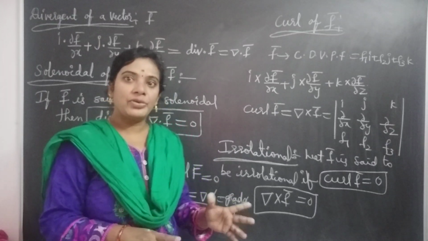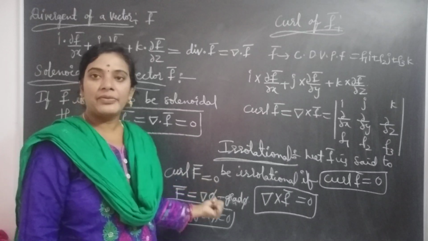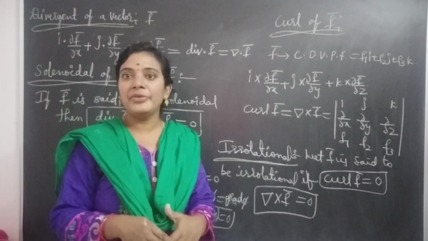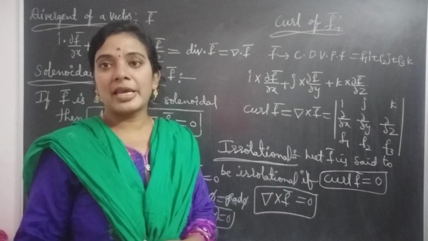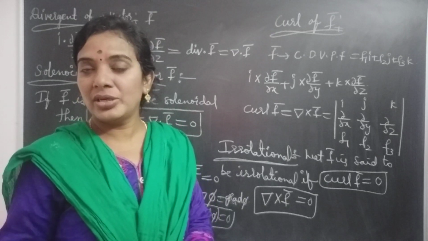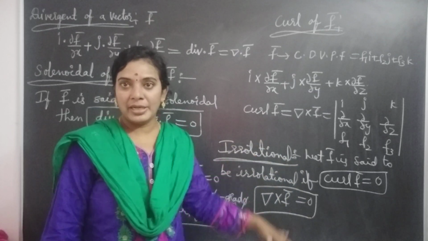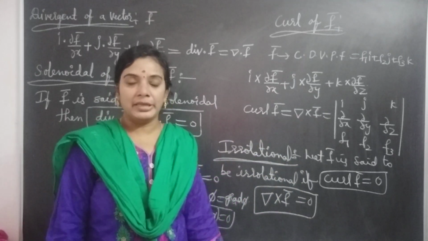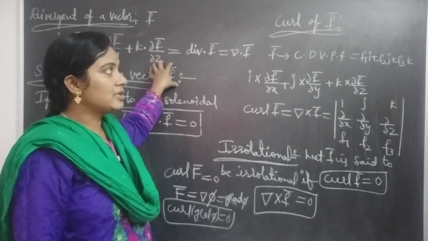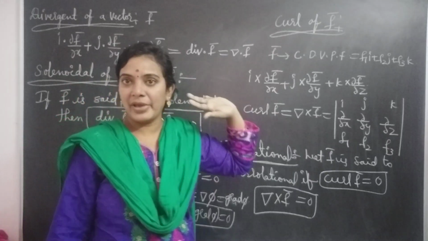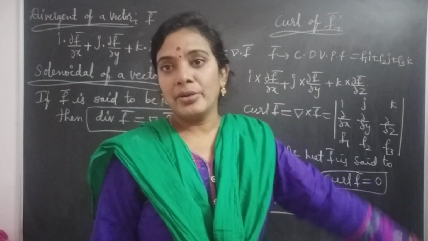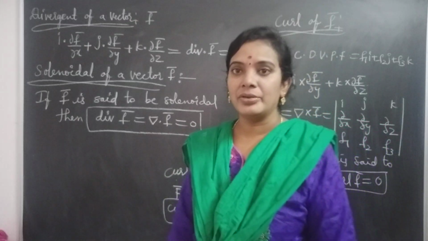The conservative force means curl F bar equal to 0, then the conservative force is related with the scalar function pi, and the function is called the potential function. These are interlinked together. The main thing is solenoidal means div F equal to 0, irrotational means curl F equal to 0.